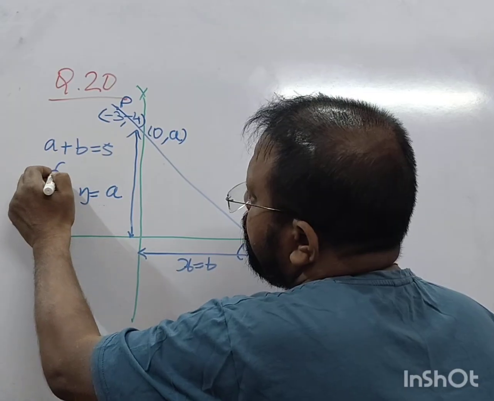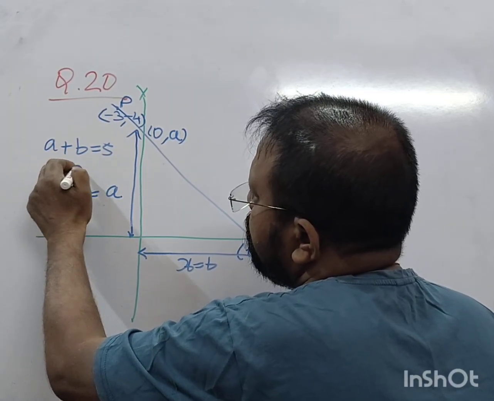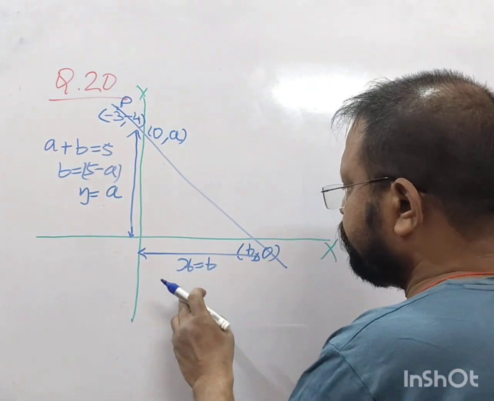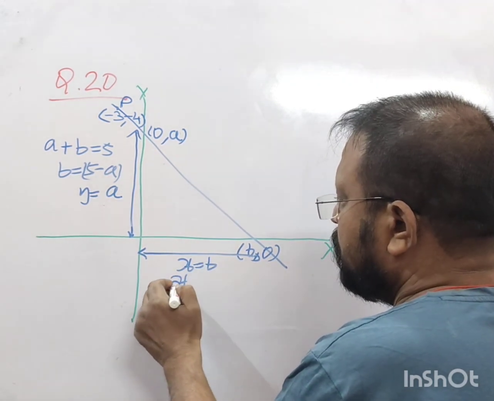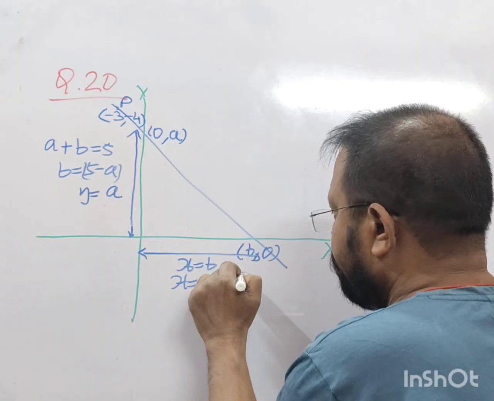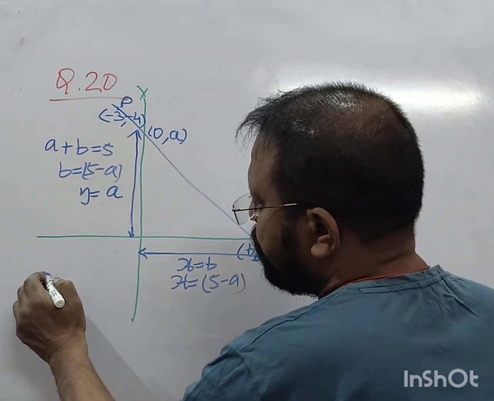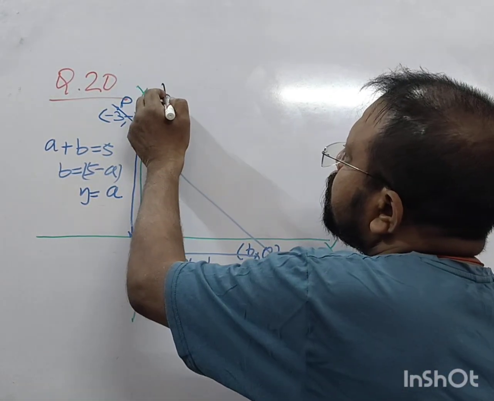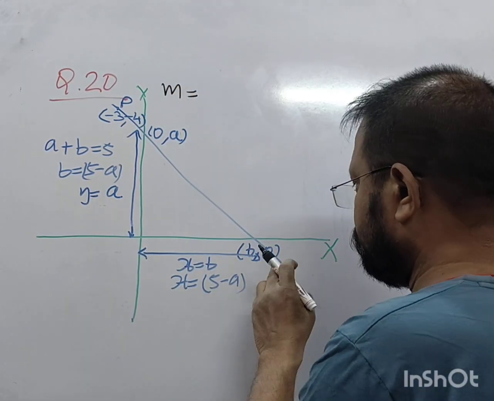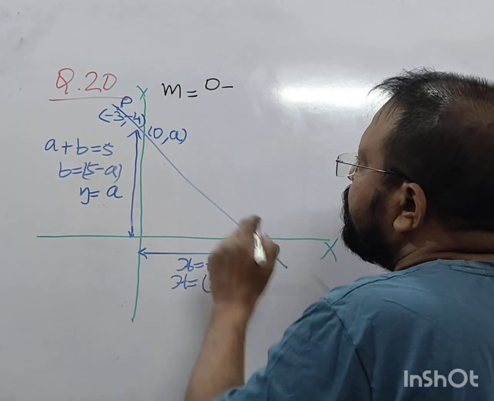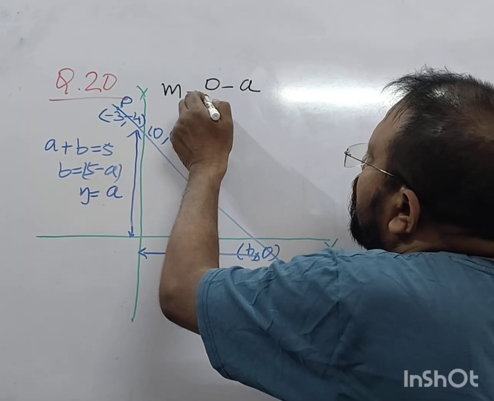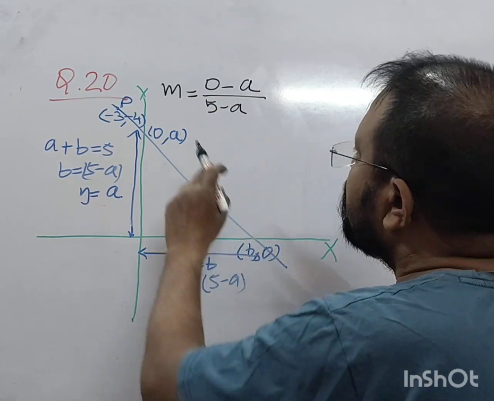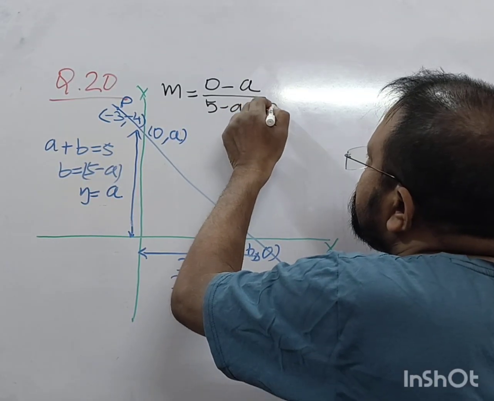So B is equal to 5 minus A. Here we can write x is equal to 5 minus A. If we take the slope, m is equal to 0 minus A upon 5 minus A minus 0.